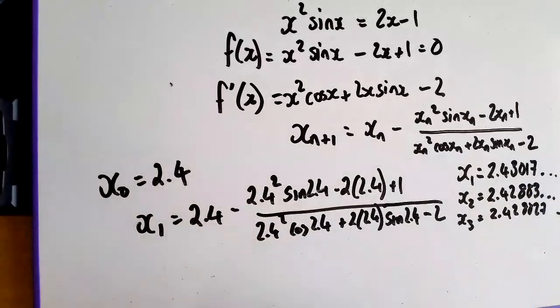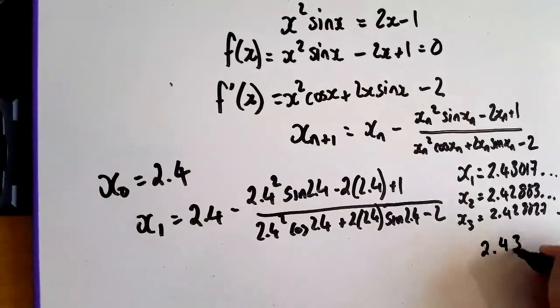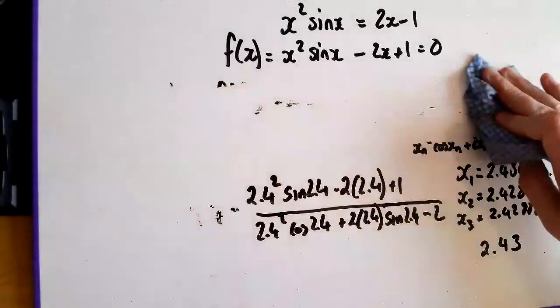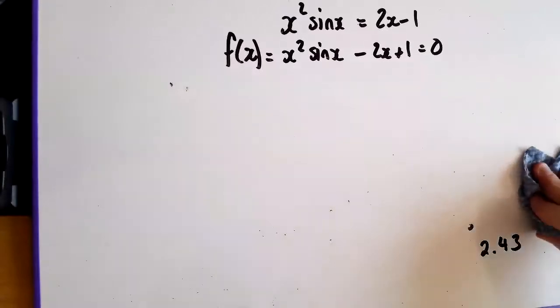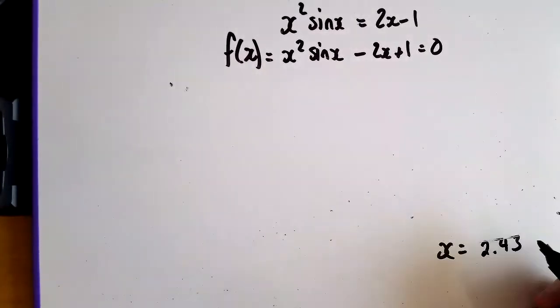And sometimes you might get asked to prove that your answer is accurate to so many significant figures. So to 3 significant figures, this would be 2.43. So part of the question might say, prove that x equals 2.43 is the answer to 3 significant figures.